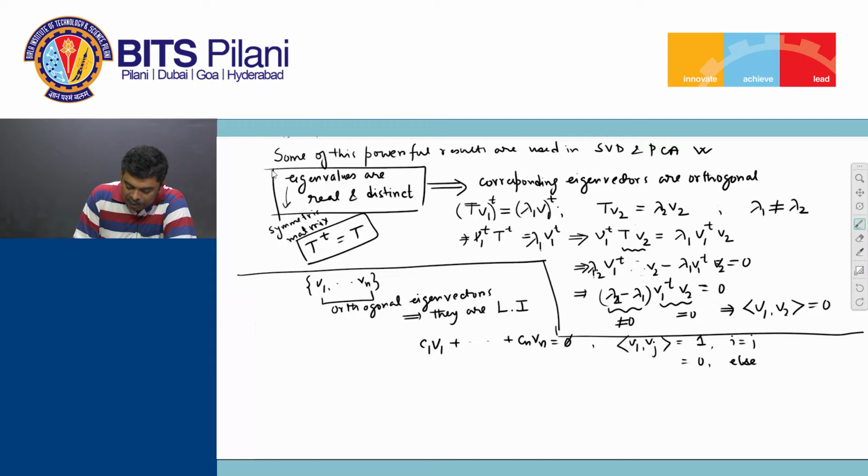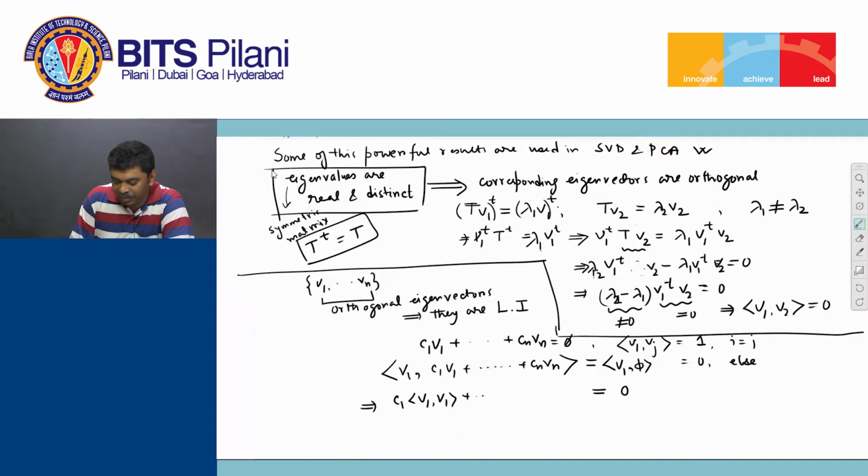As a simple example, let's take one vector, V1, and take its inner product with the rest. So this is C1 V1. Clearly the right hand side is 0, and on the left hand side you'll have C1 times the inner product of V1 with itself, and then V1 with everything else, right?